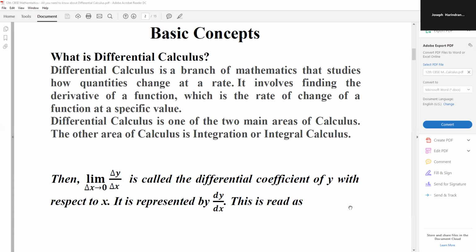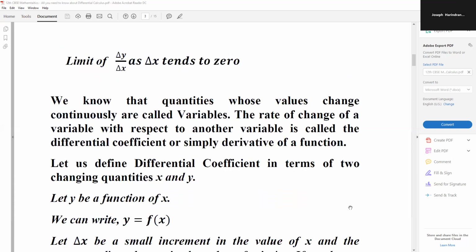Here we have defined two variables, x and y. y is equal to f of x. y is the dependent variable and x is the independent variable. It is represented by dy by dx. This is read as limit of delta y by delta x as delta x tends to 0.